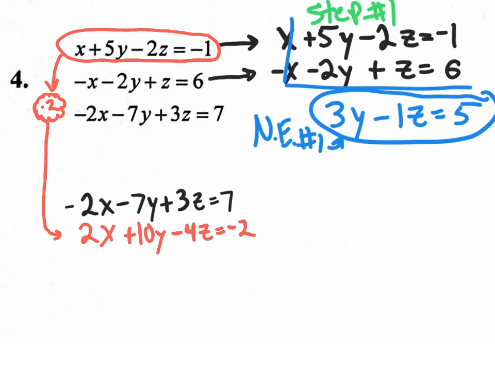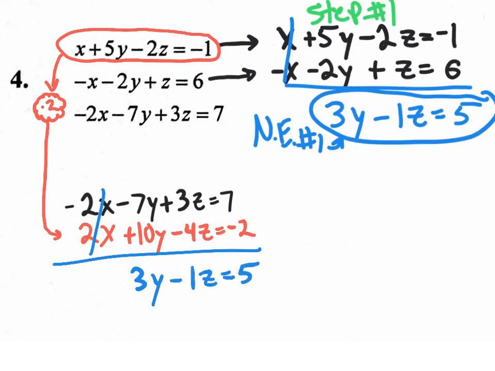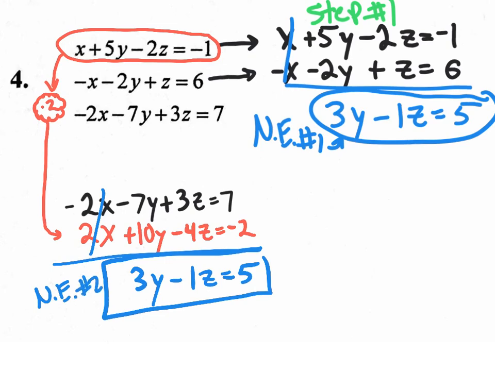So to save myself a little bit of time, I already modified it as I brought it down. And again, the whole purpose of modifying it is to get that same x value to cancel. So I'm going to have a new equation that reads 3y minus 1z equals 5. And ladies and gentlemen, this is my new equation number 2. New equation number 2. And this is step 2, technically.